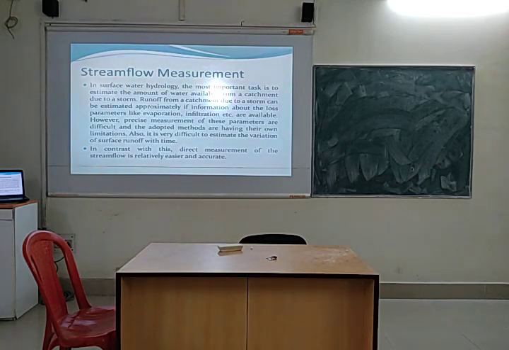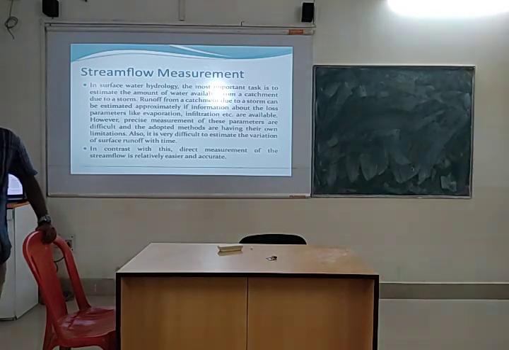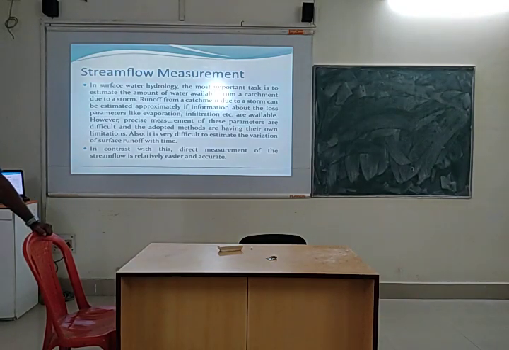Now we are coming to the stream flow measurement. Why we need to measure the stream flow and how we can measure the stream flow. So basically, they are saying in surface water hydrology, the most important task is to estimate the amount of water available. Right? We have all discussed those things in the previous introductory part of engineering hydrology.